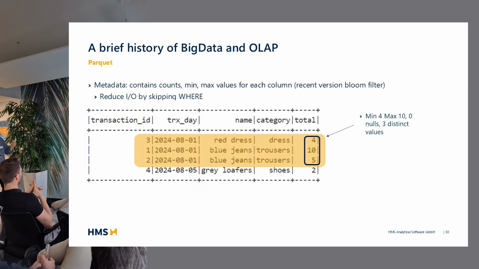Additionally, this allows you to store additional information and statistics about your columns, for example, min and max values, so that you can efficiently skip data on reading. So it will also reduce the amount of data that you transfer from the disk into main memory. Because, as I said before, reading from the disk is very expensive.